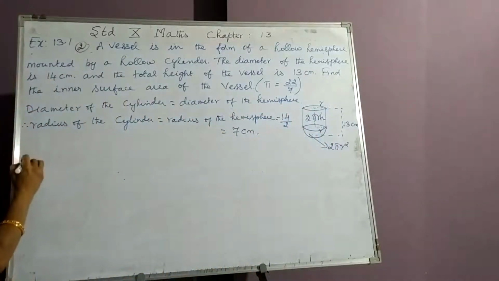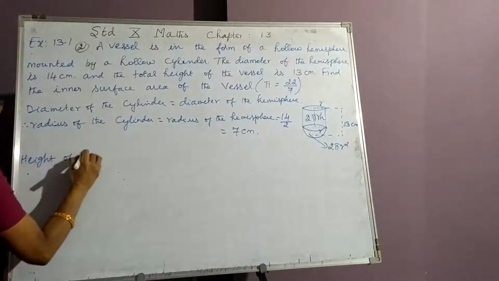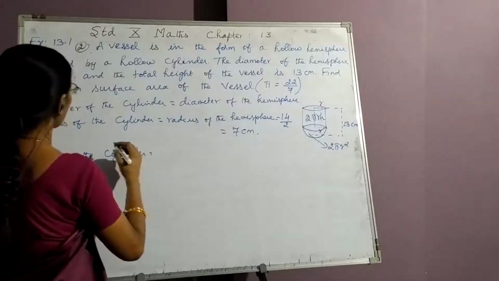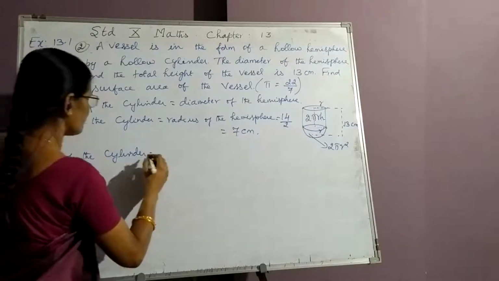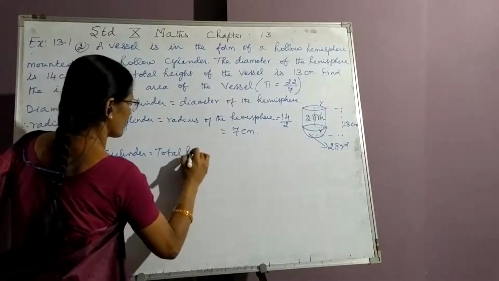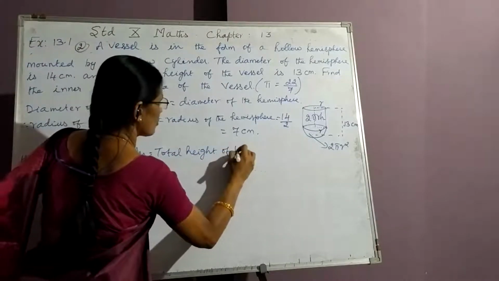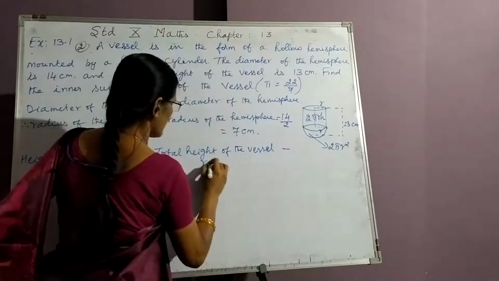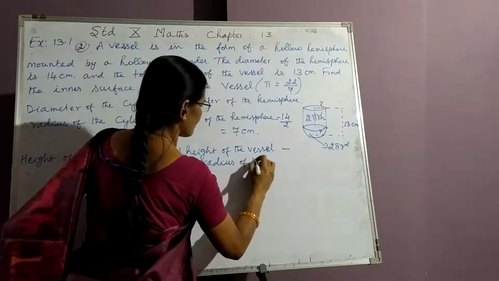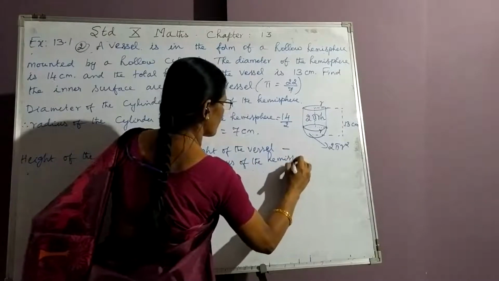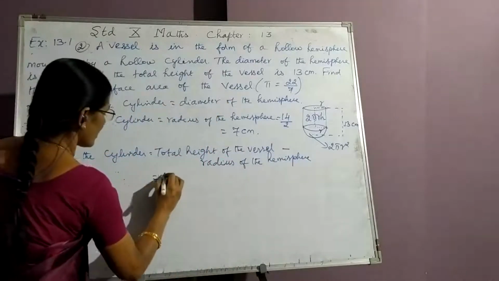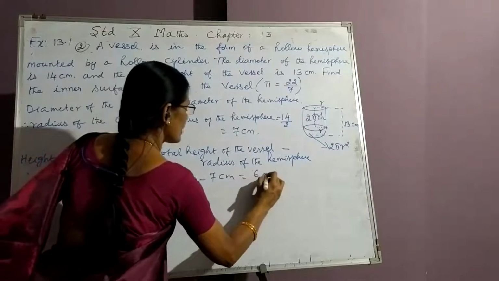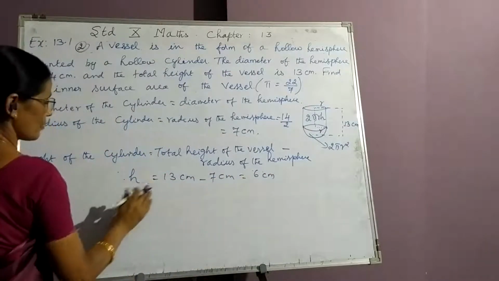So height of the cylinder is total height of the vessel minus radius of the hemisphere. Total height is 13 centimeter. Radius of the hemisphere is 7 centimeter. So 6 centimeter is height of the cylinder, which is H.